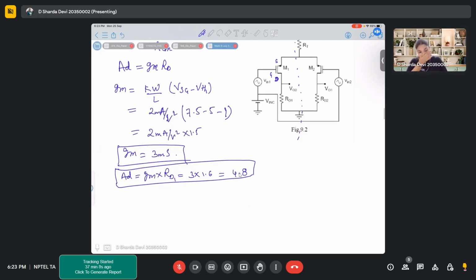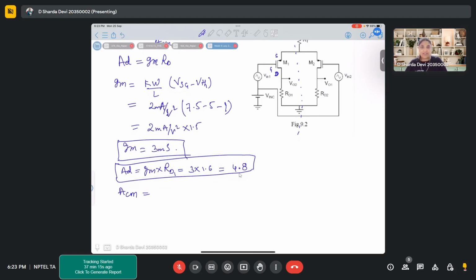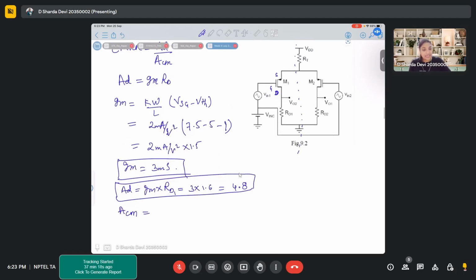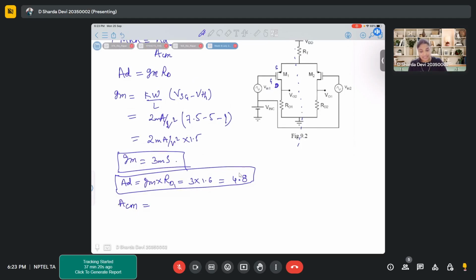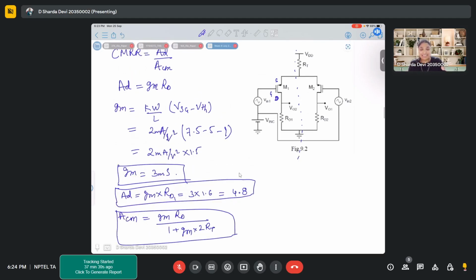Now the next thing is ACM. Like for AD, for this type of circuit, if we analyze, the formula that we get for ACM is Gm into Rd upon 1 plus Gm into 2 times Rt. So this is the formula we get by analyzing this particular circuit.